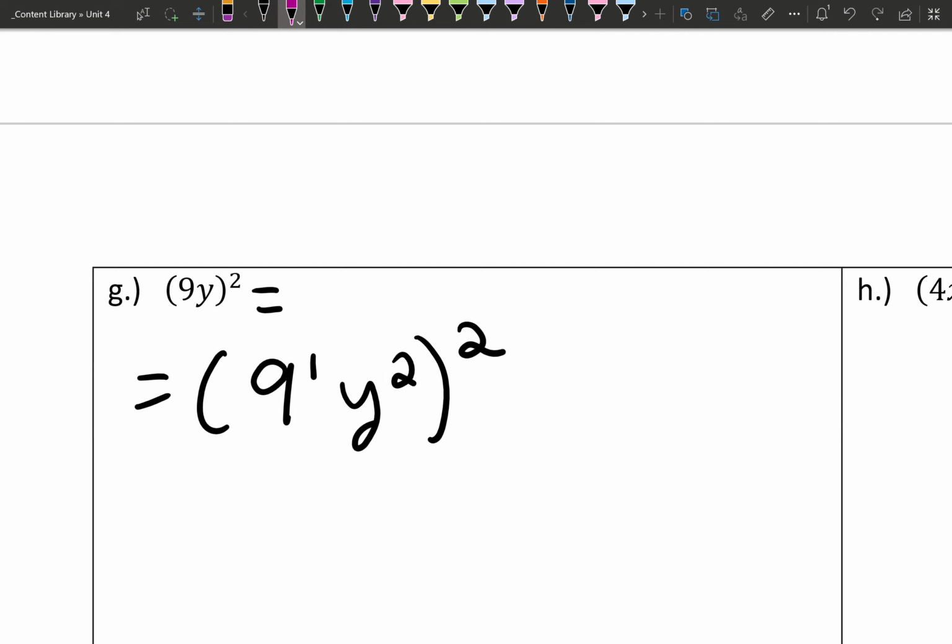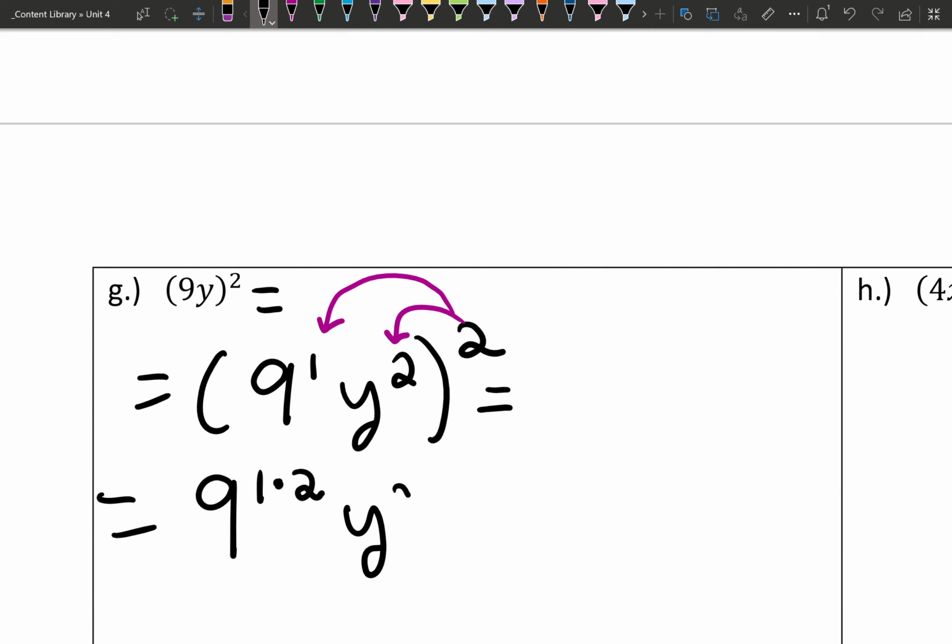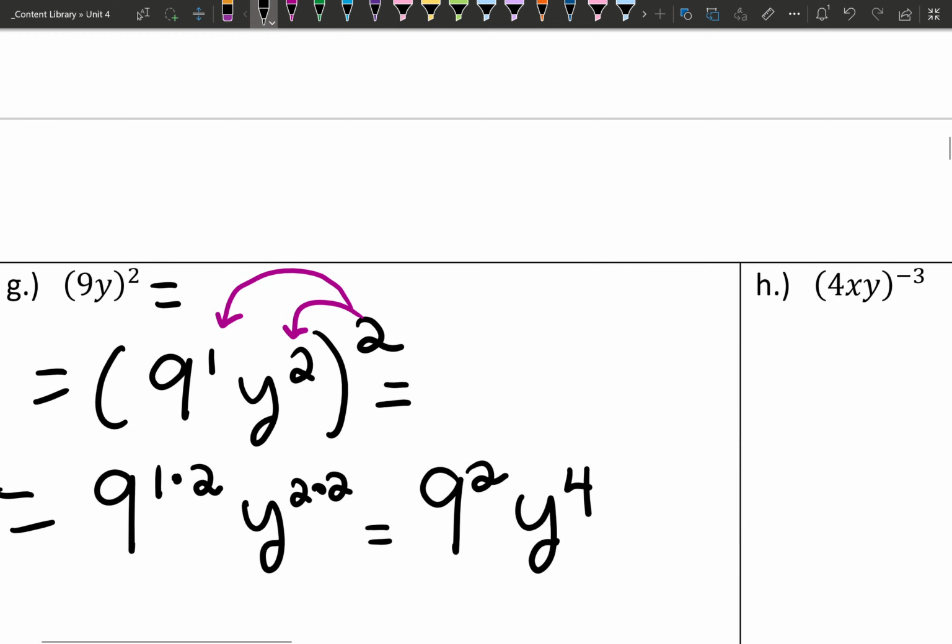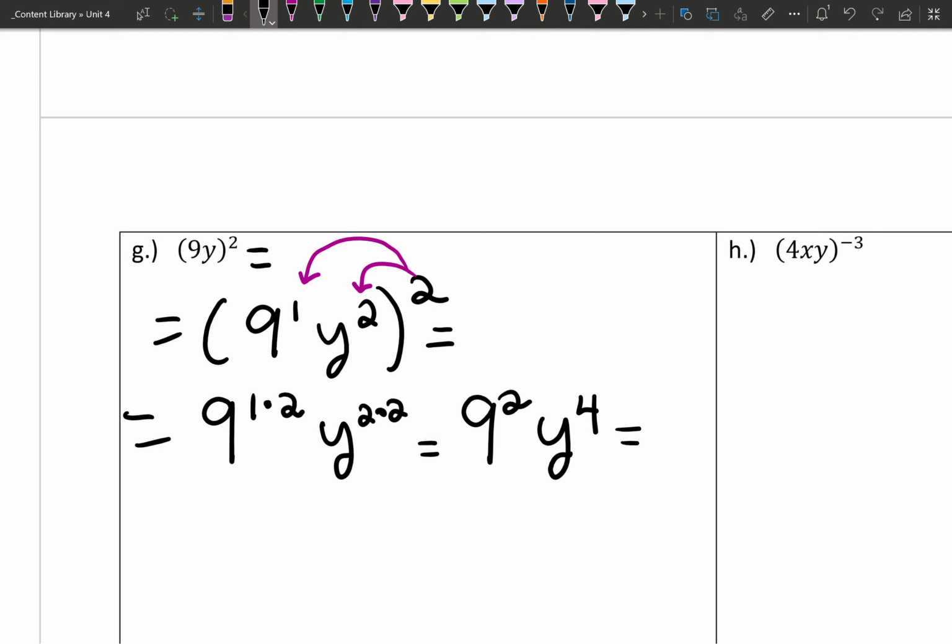We're going to take this power and multiply it. So we get 9 to the 1 times 2 and y to the 2 times 2. 9 to the power of 1 times 2 is 9 squared, and y to the 4th. And let's simplify it further. 81 y to the 4th.